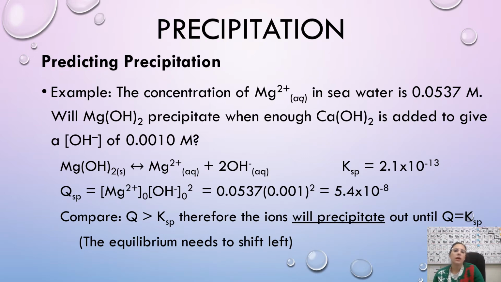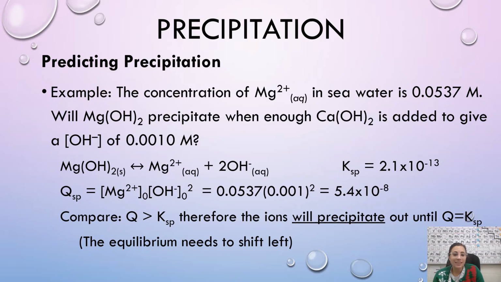So in order to determine if a precipitation will occur, we are going to look at what we are given. We are given two solutions here. We are told the concentration of magnesium ion in seawater is 0.0537. Will magnesium hydroxide precipitate when enough calcium hydroxide is added to give a hydroxide concentration of 0.001 molar?